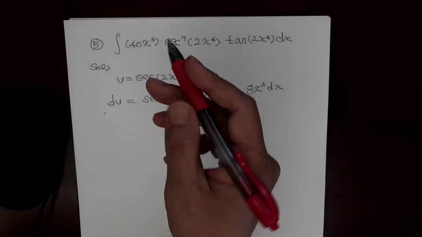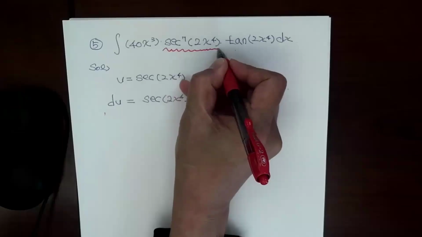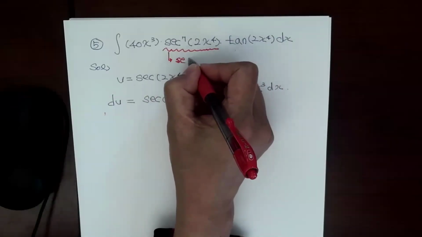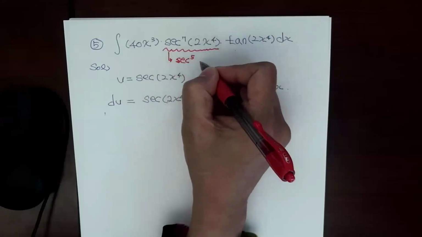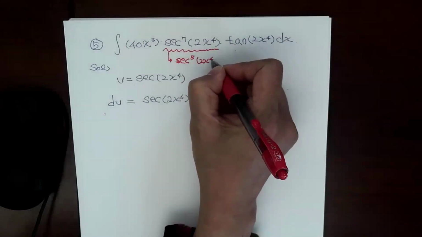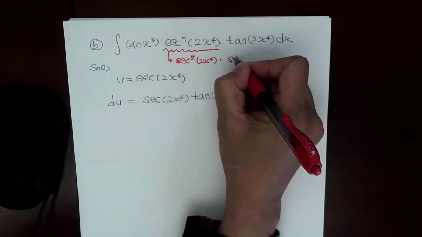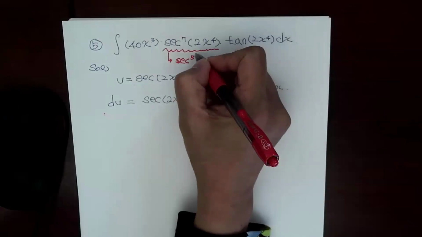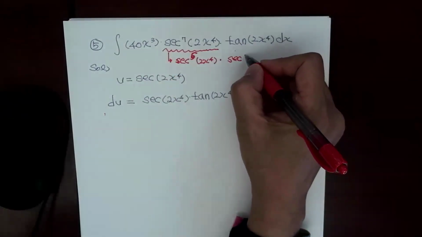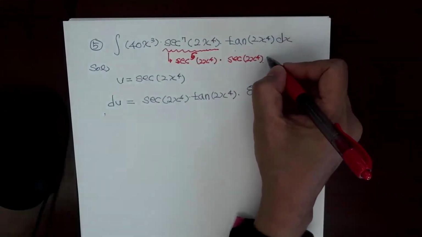So what we have to do will be, we will break this one into secant to the 5th power of 2x to the fourth power times secant of 2x to the fourth power.